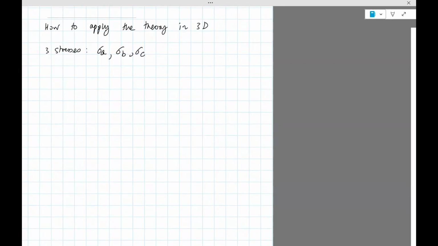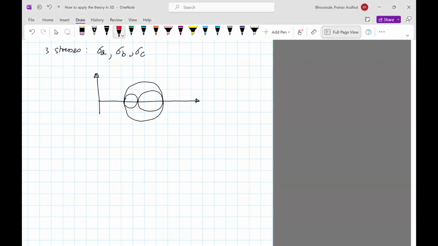Okay, so if you have 3 stresses, you can actually draw 3 more circles. So you'll see, you'll always get this case where you'll have 2 small circles and a big circle, and the 2 small circles will be inside the big circle, no matter what the problem is.